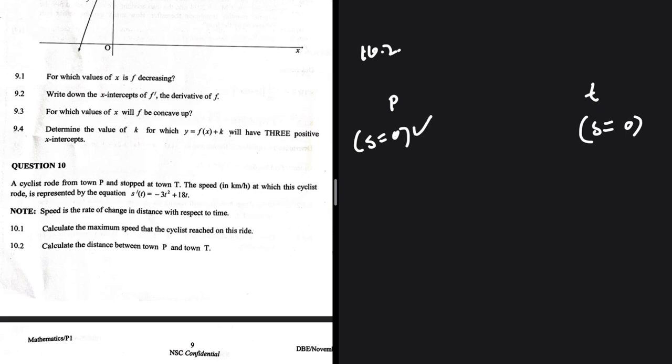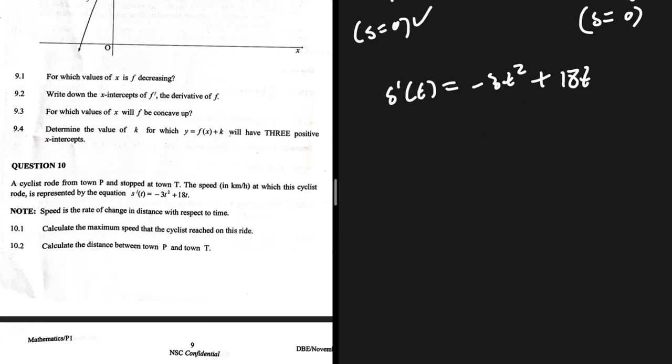So let's find the intercepts so that we can find the time, because we clearly have a graph of which x is time and y is the speed. So s prime of t is equal to minus 3t squared plus 18t. The distance between the intercepts is going to give us the time.